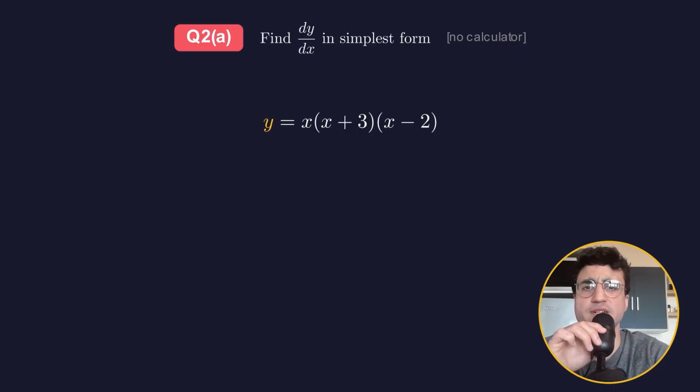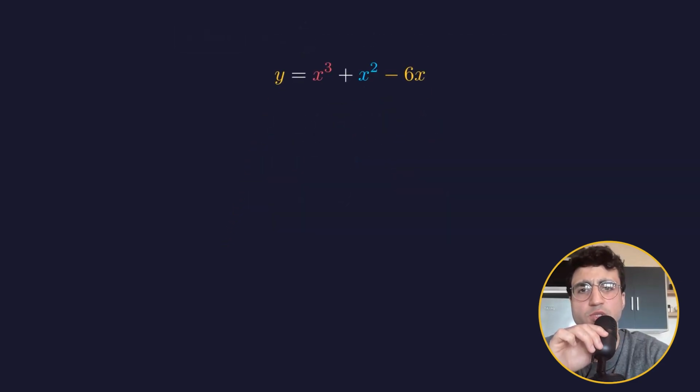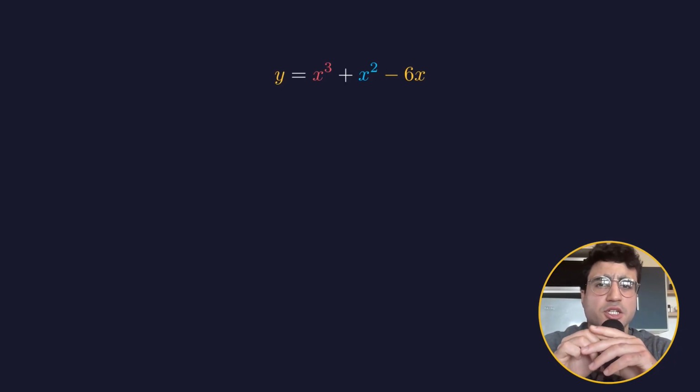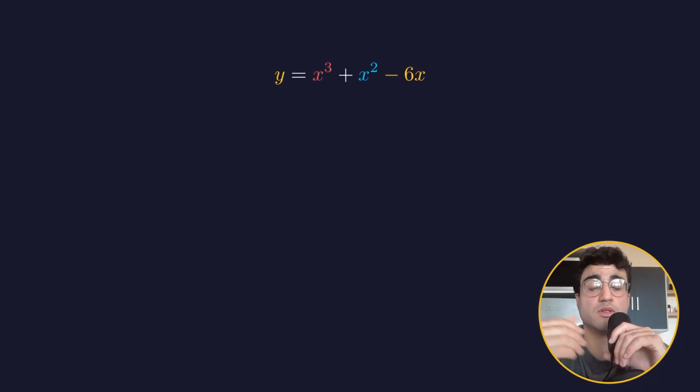All we have to do here to find dy by dx is multiply it out to get y, which we got as x cubed plus x squared minus 6x. And what they were trying to test here is, do they know how to find dy by dx? Which in our case we do. It's very simple. We simply take the 3 down.